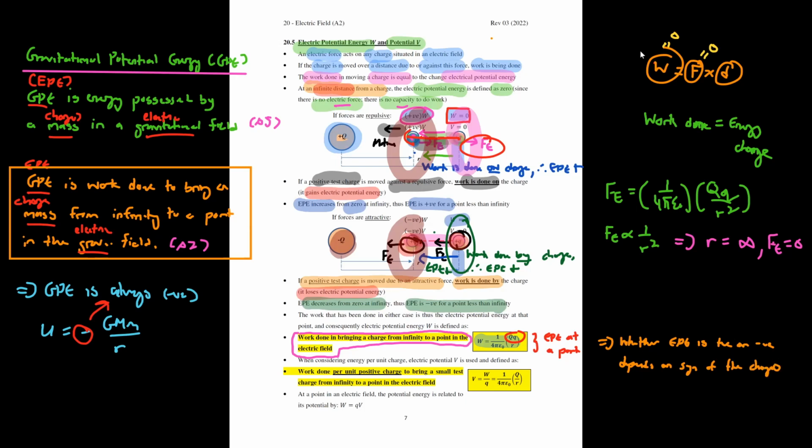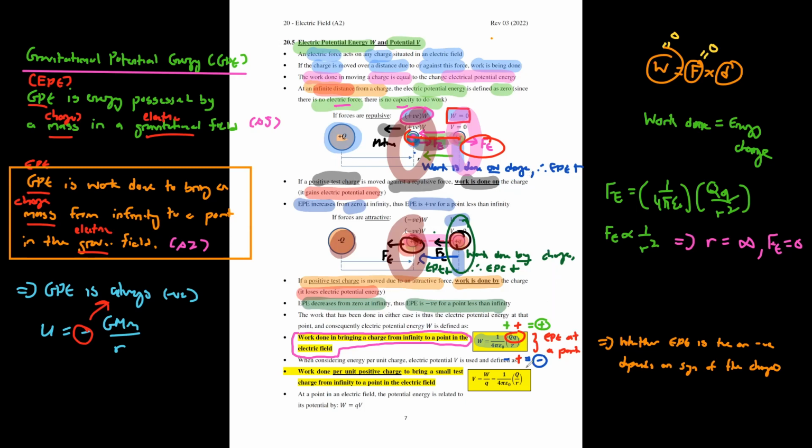For example, your test charge is always positive, right? If your main charge is positive, you will end up with positive potential energy. And if you consider a different case where your test charge is positive, but your main charge is negative, your electric potential energy will be negative, consistent with what you see above here. So whether your potential energy is positive or negative depends on the sign of the charges itself.